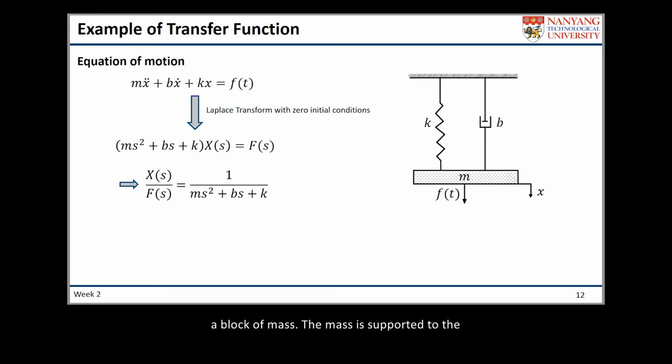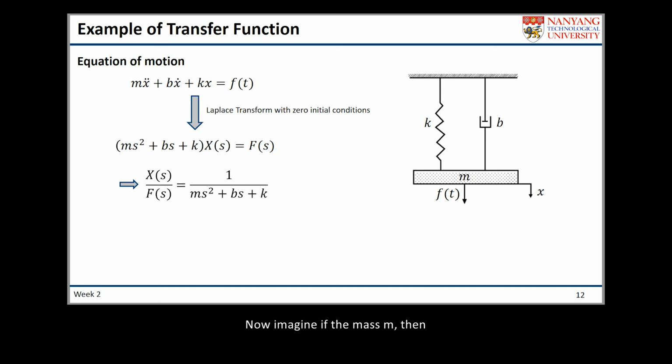The mass is supported to the ground through a spring with a spring constant of K and a damper of B. So you can imagine this as a wheel of your motorbike. If you hold the motorbike, the wheel will be hanging, supported by the shock absorber, and basically the shock absorber is the combination of spring and damper. So this looks like, let's say, the front wheel of your motorbike.